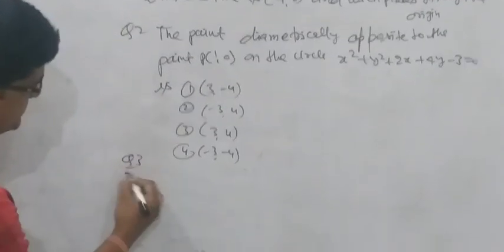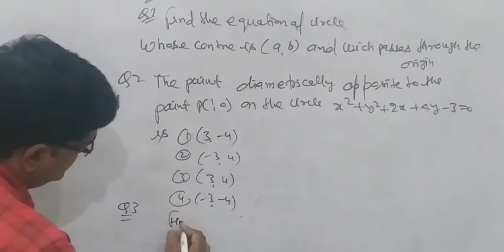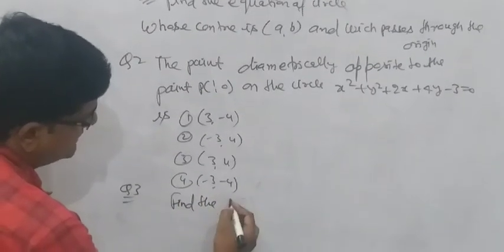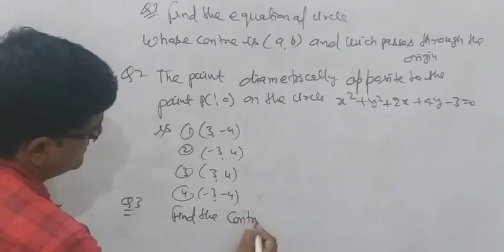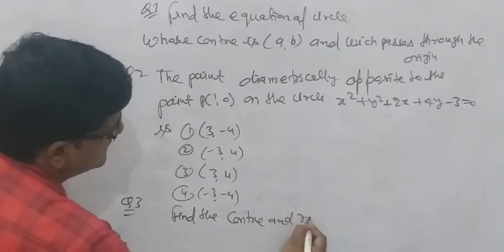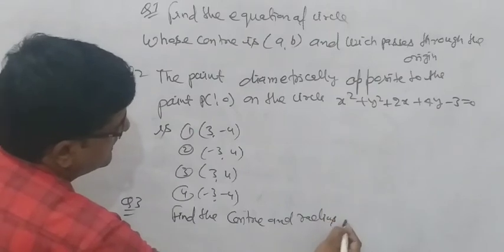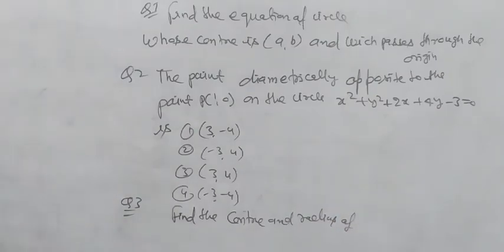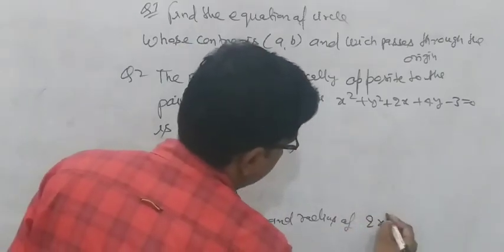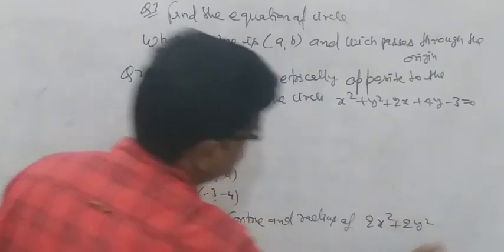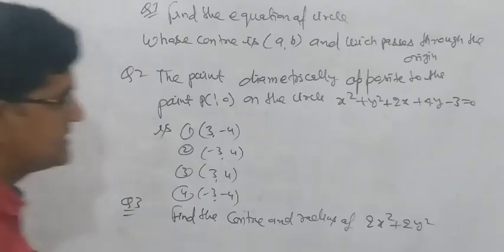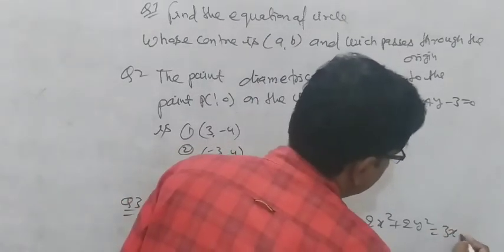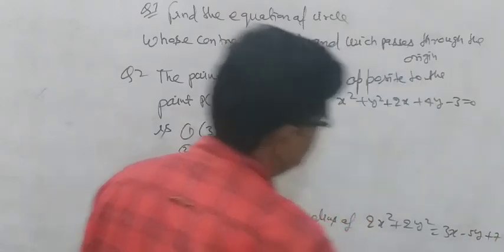Question number 3: Find the center and radius of the circle whose equation is 2x square plus 2y square is equal to 3x minus 5y plus 7.